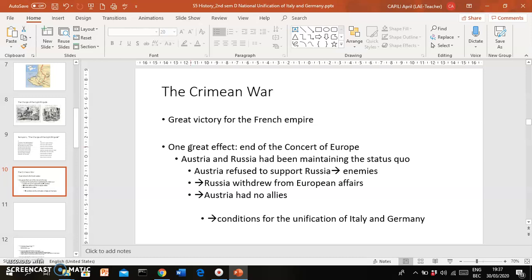So the conditions are here, since some of those territories, some of those areas that would become part of Italy, were at this time under Austrian rule. Now you have Austria being somehow isolated, so some of the conditions were there for the Italian revolutionaries to try again to unify Italy and form their own nation state.